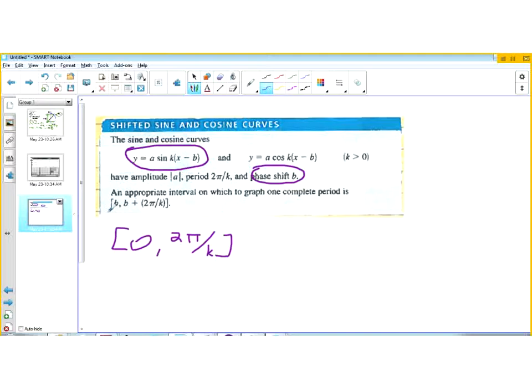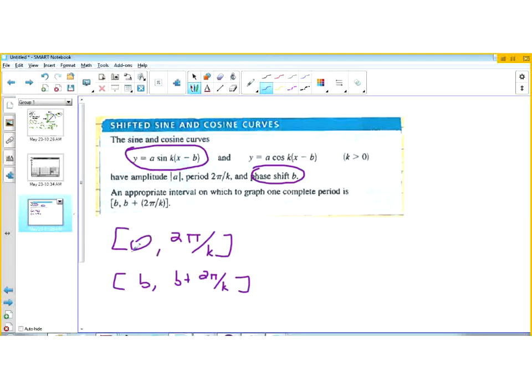Now, if we were to shift the graph, say, b units to the right, what you would have to do is add b to the endpoints of the interval. So these are the endpoints of the interval of a period. Endpoints. These aren't the coordinates of a point.